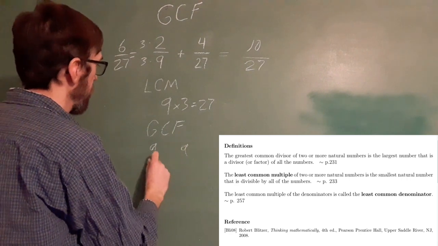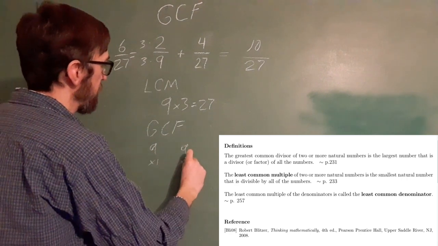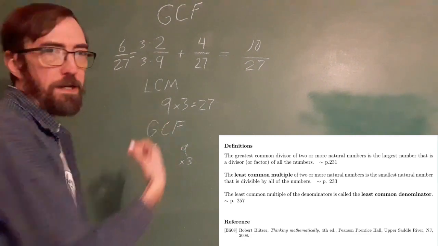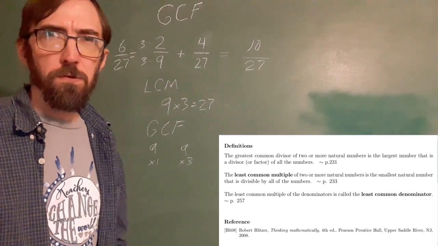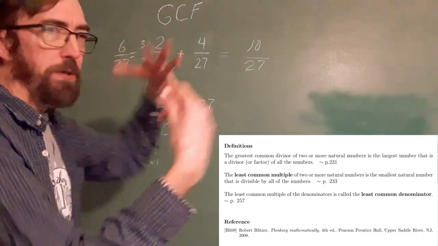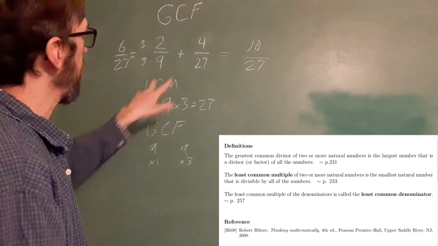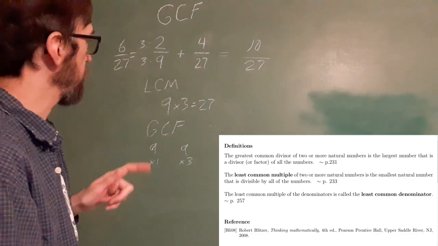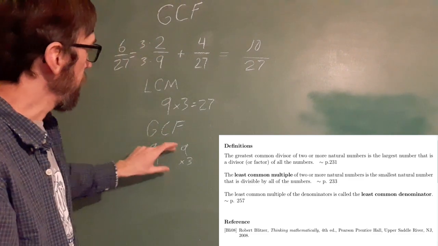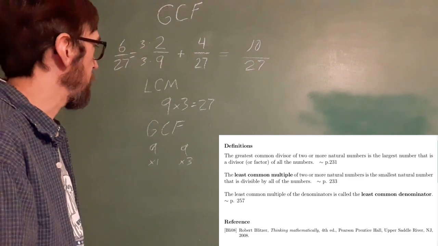So this is 9 times 1 and 9 times 3. When we look at factors, factors are things that multiply together to give you a number. The biggest number that we can multiply to get both of these numbers is 9 itself. 9 times 1 gives me the 9. 9 times 3 gives me the 27.